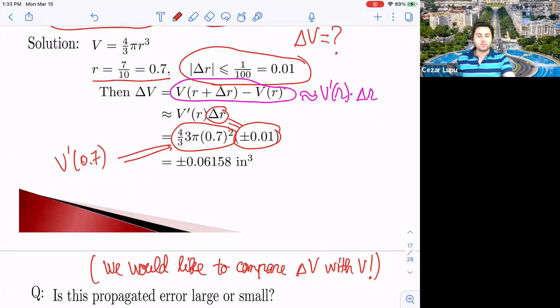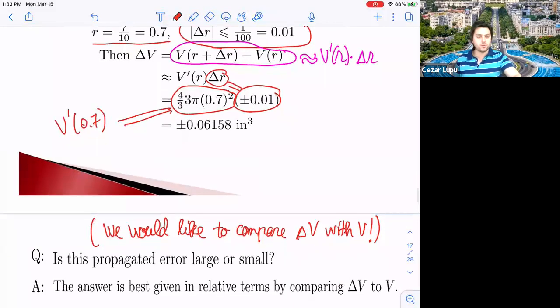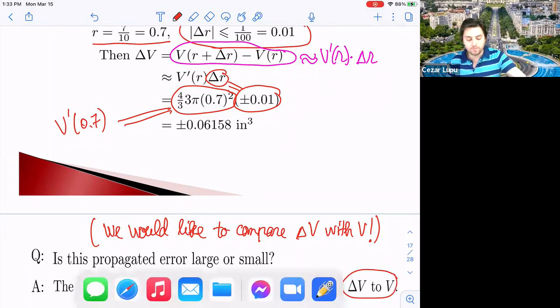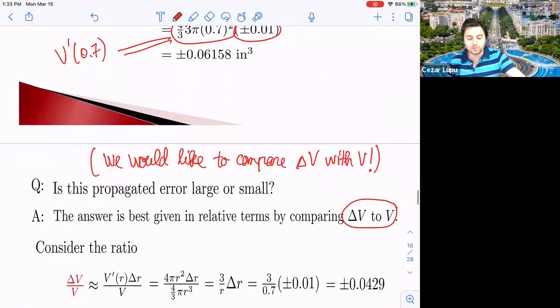Okay, so the best way to do so is just taking the ratio. So the answer is given in relative terms by comparing these two quantities here, right? Delta V and V. All right. And now the best way to do so is just comparing the ratio. So delta V over V is approximately, as we have seen, V prime of R delta R over V. And now we know what the derivative is.